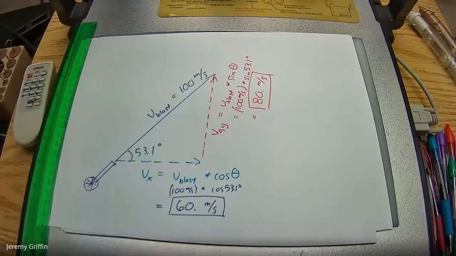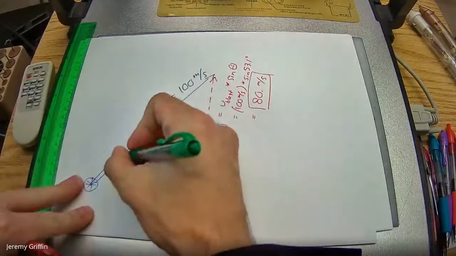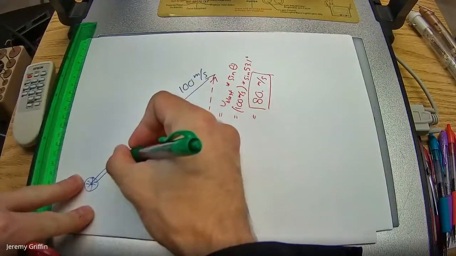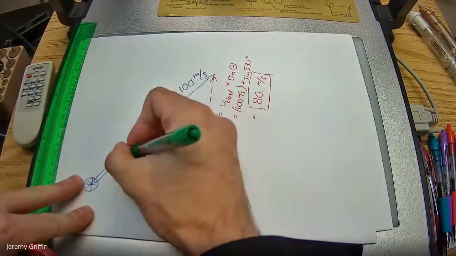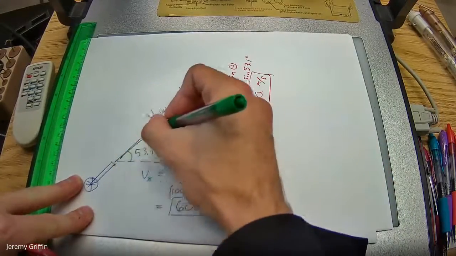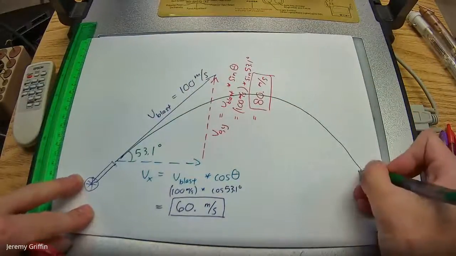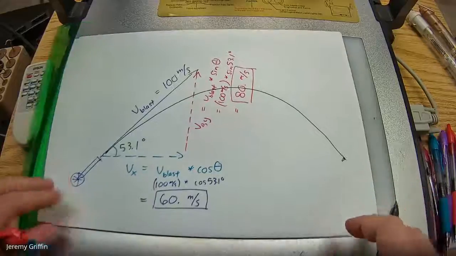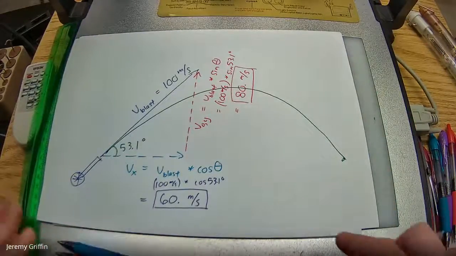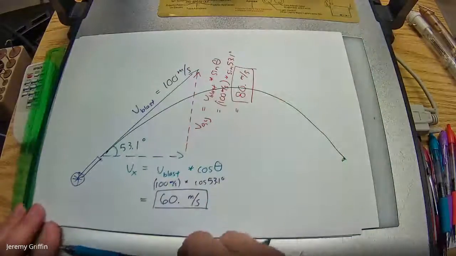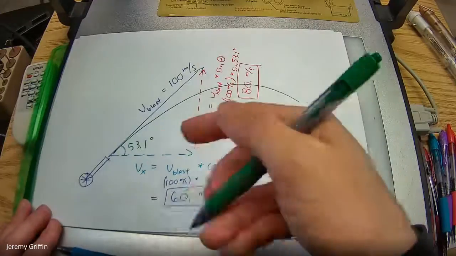Now, in this picture, I'm going to draw in the path of the ball. Probably something like that, landing way down here. That's the path of the ball. If I want to know something about maximum height, well, in all these kinematic problems we've been going from some point A to some point B, so I have to identify those points.